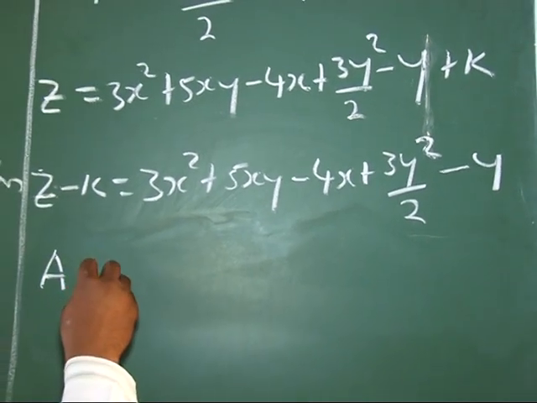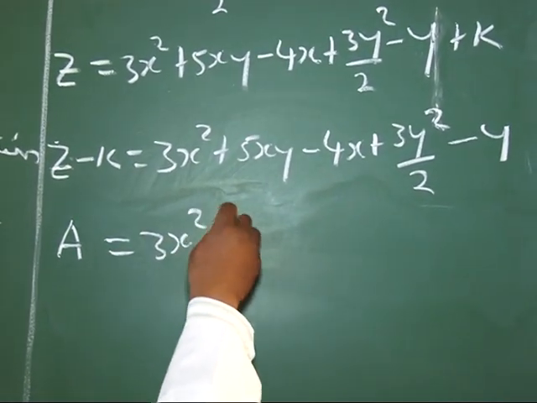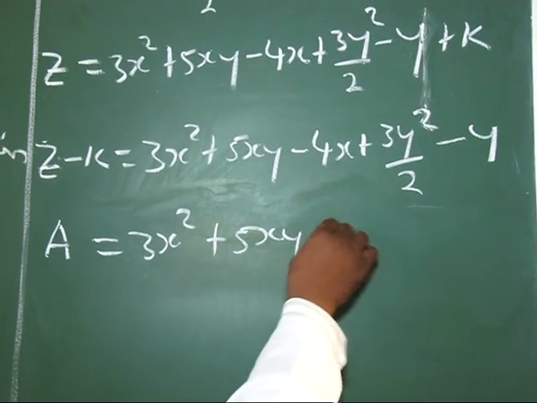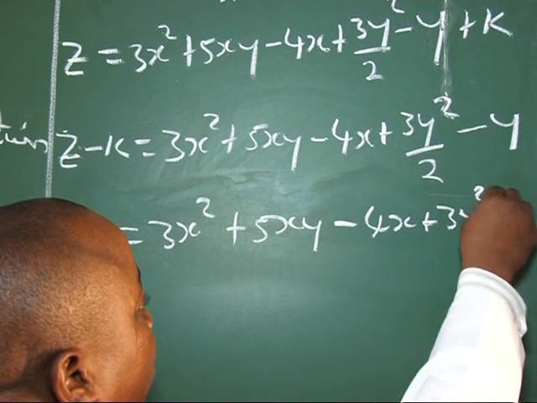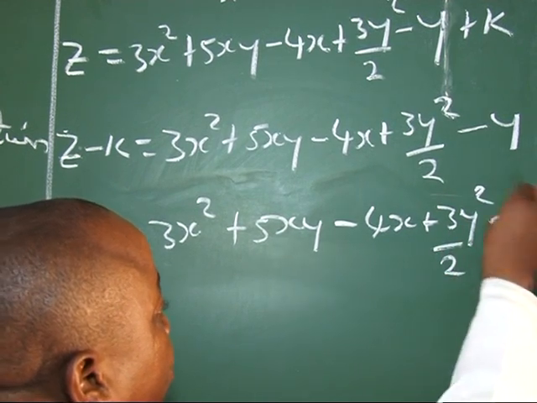Therefore, the solution will be 3x squared plus 5xy minus 4x plus 3y squared all over 2 minus y, equal to a constant.